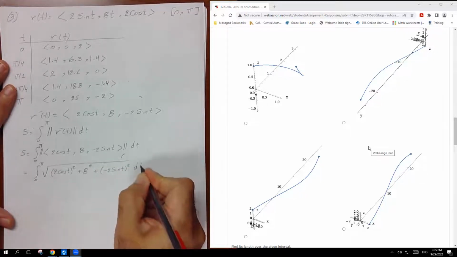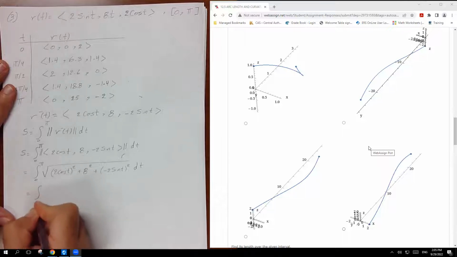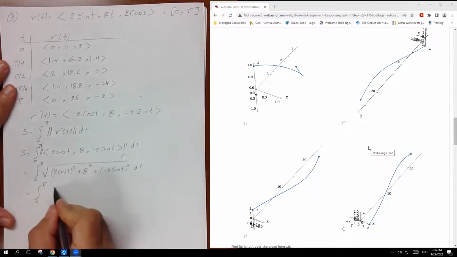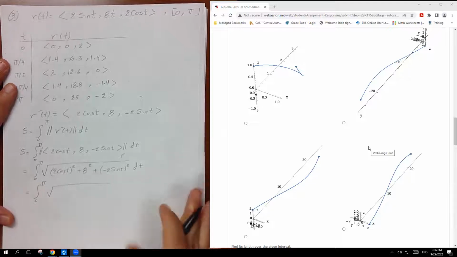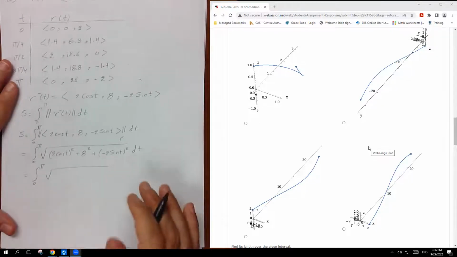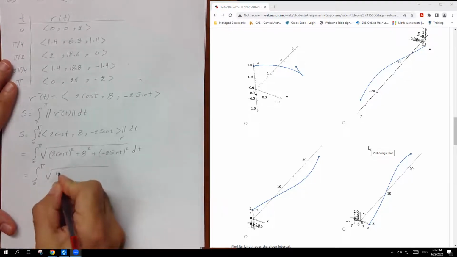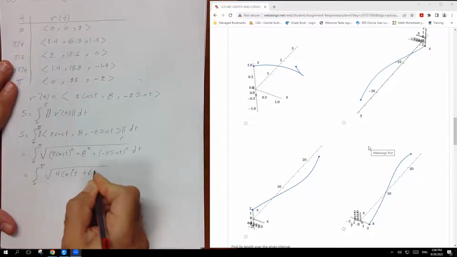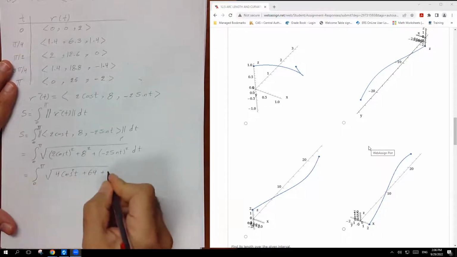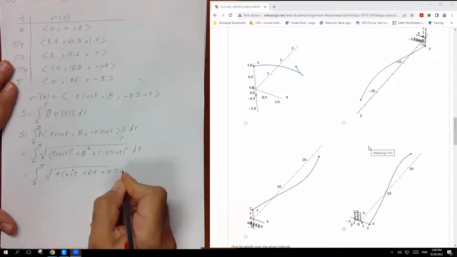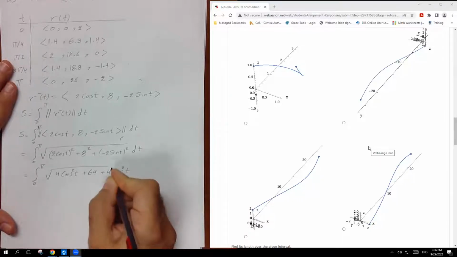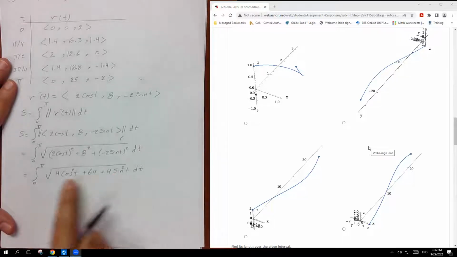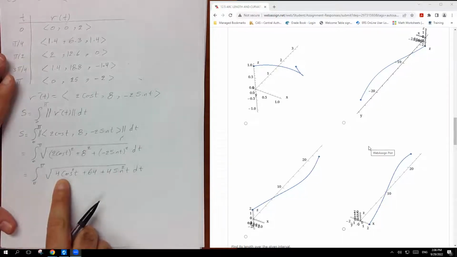So dt. And this one is going to be the integral from 0 to pi of the square root of 4 cosine squared t plus 64 plus 4 sine squared t, dt.